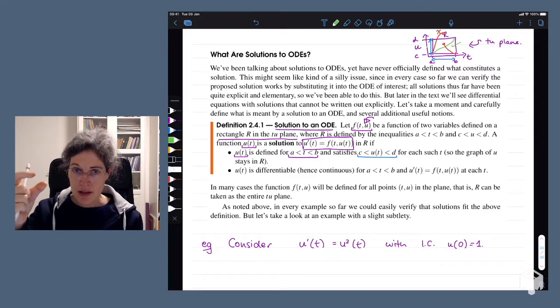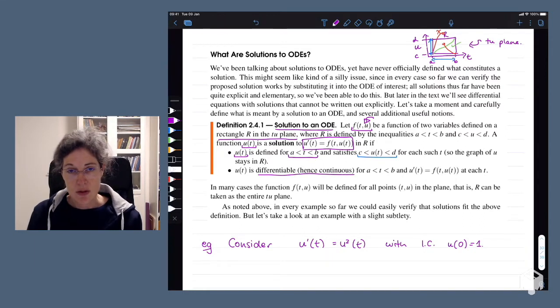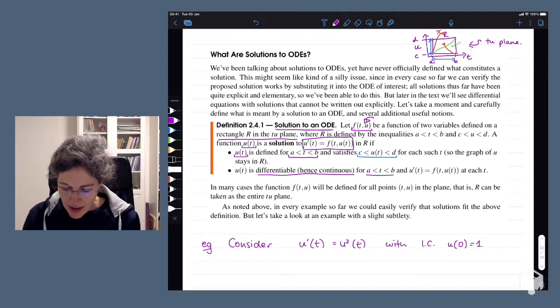And then we have another little criterion that we need to have, which says that our solution function must be differentiable and hence continuous, because differentiability implies continuity, but not necessarily the other way. So it needs to be differentiable for all t in our range a to b.